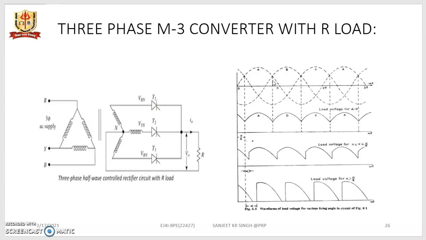Similarly, at this instant the second thyristor is more forward biased, and due to the gating pulse applied at its gate, it is turned on and it will conduct for another 120 degrees. Similarly, the third thyristor will subsequently conduct for another 120 degrees. So this cycle will repeat, and here we have the output voltage obtained, and similar will be the current waveform.